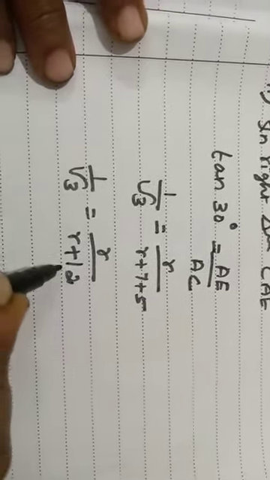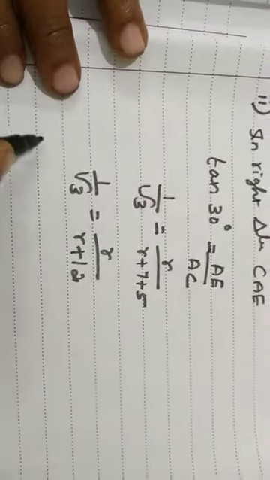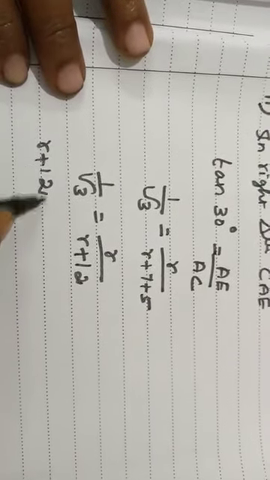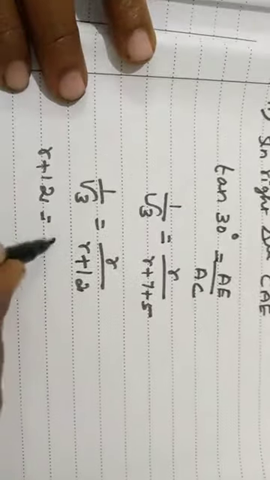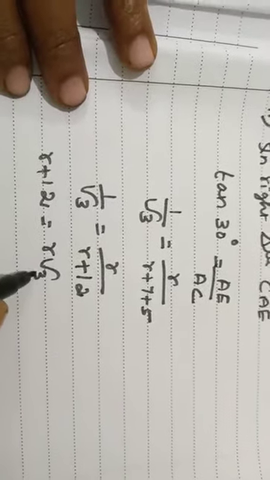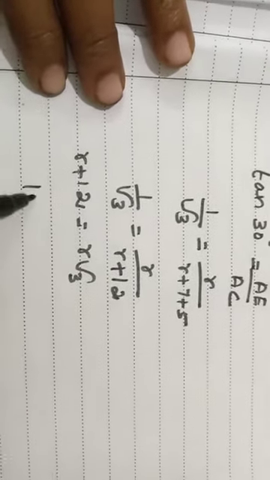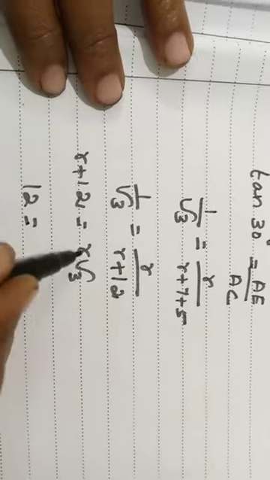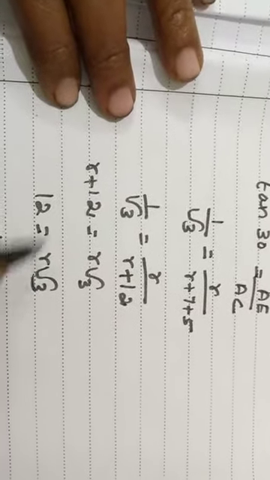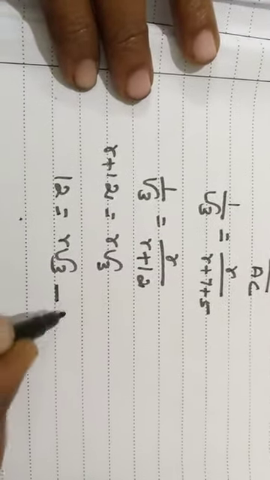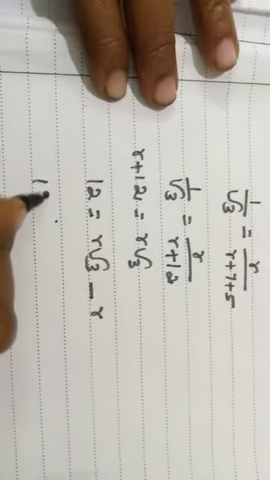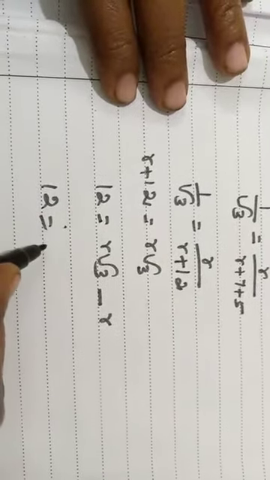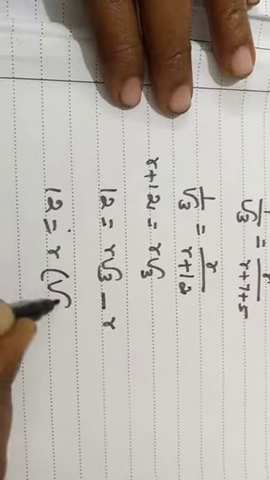Cross multiply it: 1 into R plus 12, that is R plus 12 equals R into root 3. That is 12 equals R root 3, this R term bring here, so minus R. 12 equals R, commonly take it, R into root 3 minus 1.